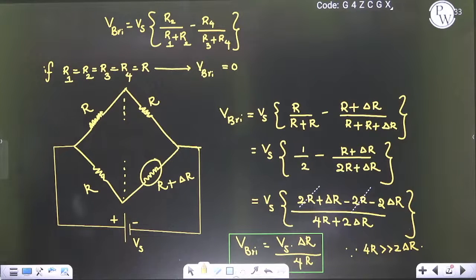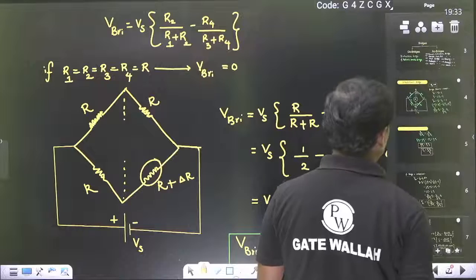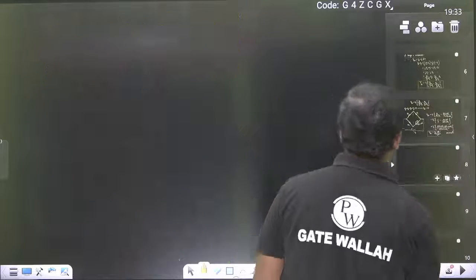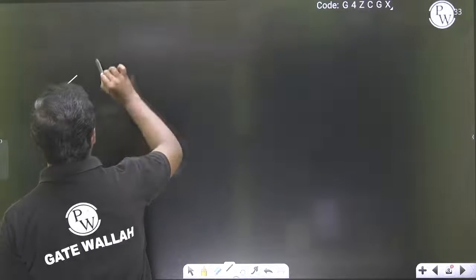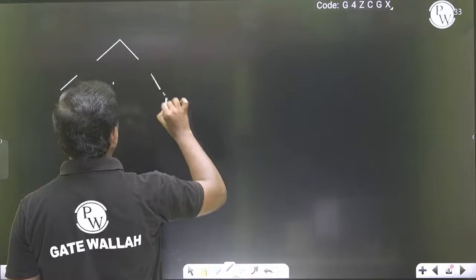Chalo. So this expression I can use for numerical problems. Similarly, if I am taking another Wheatstone bridge like this, the different possibilities of Wheatstone bridge cases.